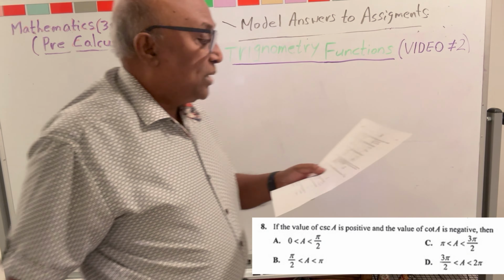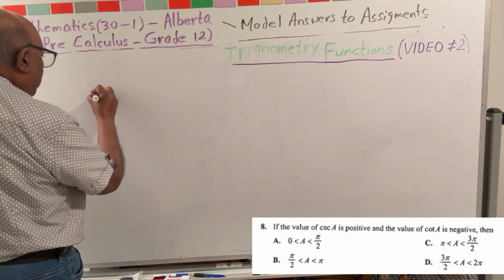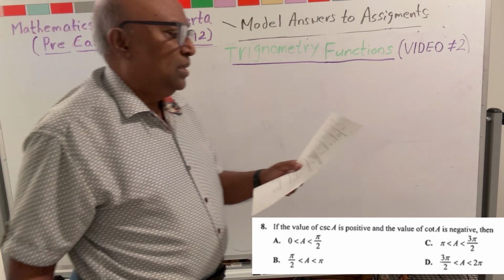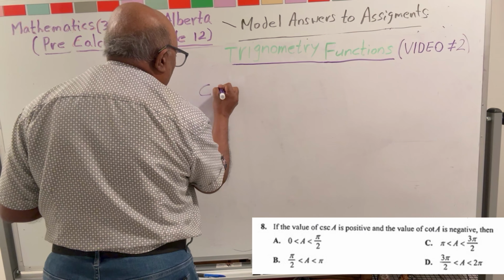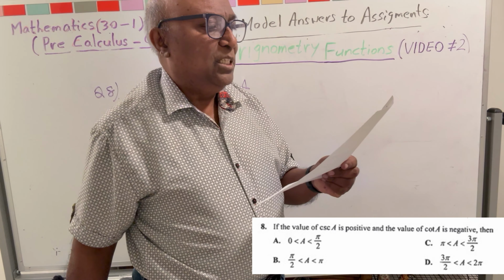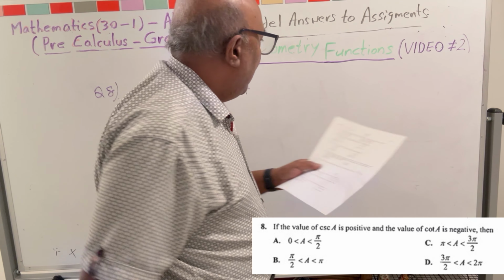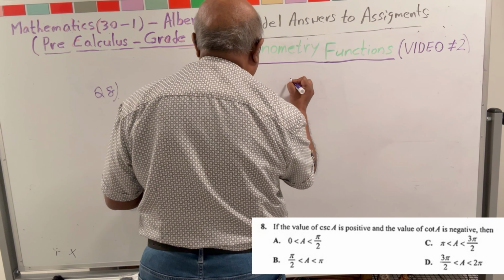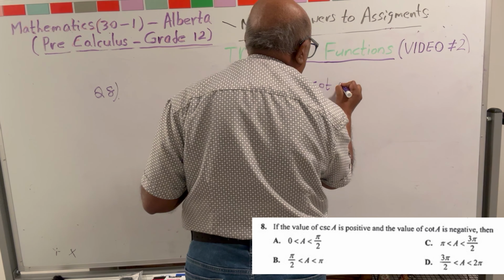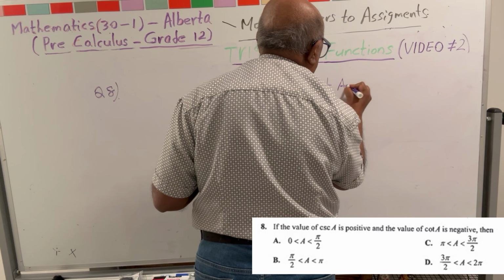Now let's look at question number 8. If the value of cosecant A is positive when the value of cot A is negative, let's go back to our quadrant diagram.